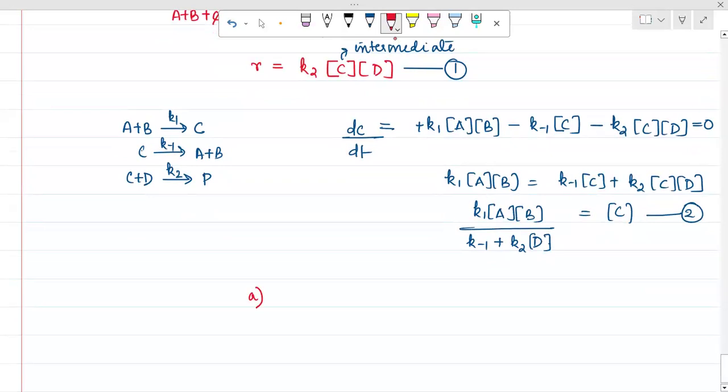When I put C in 1, what do I get? Already K2 into D is there.